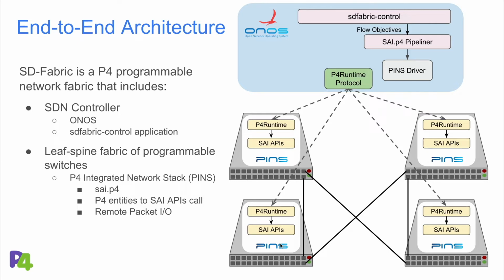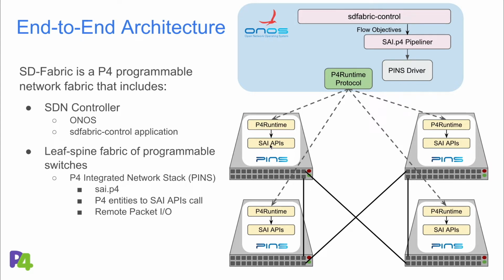The SD-Fabric control app computes the flow objectives, which are translated into flow rules thanks to the PINS driver. Flow rules are stored in the ONOS core, which is distributed and highly available. Flow rules are then adapted to P4RT table entries and action sets that are pushed to the devices.